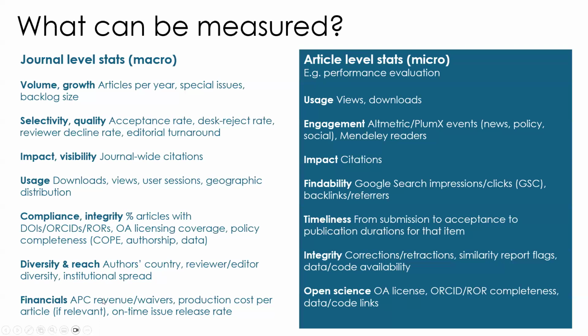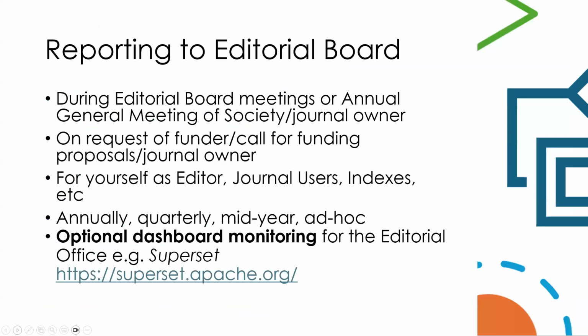Is there data supporting this manuscript available somewhere and linked to the manuscript? So reporting to the editorial board usually happens during editorial board meetings or annual general meetings of a society or journal owner.